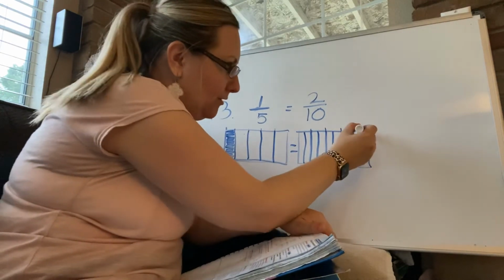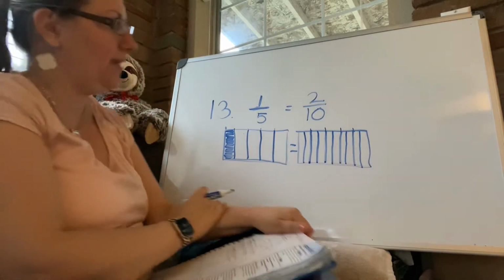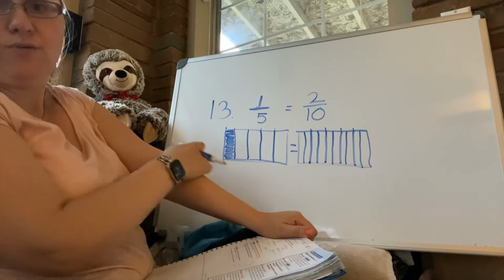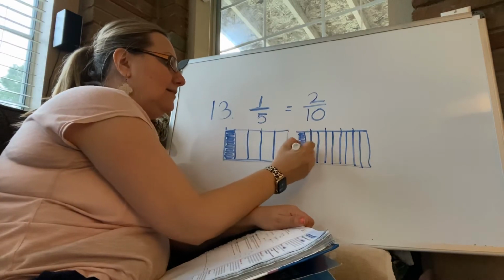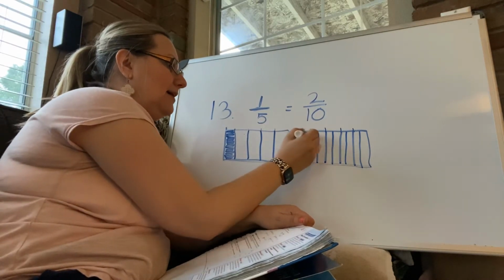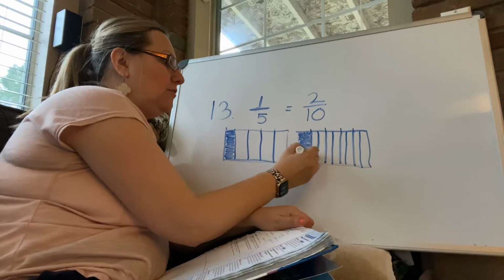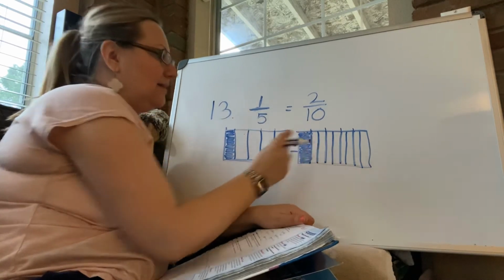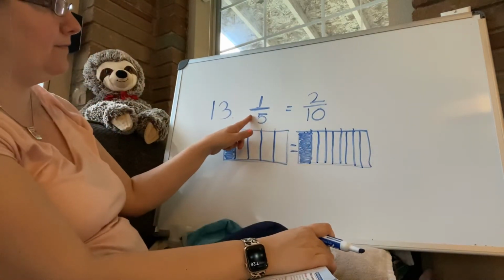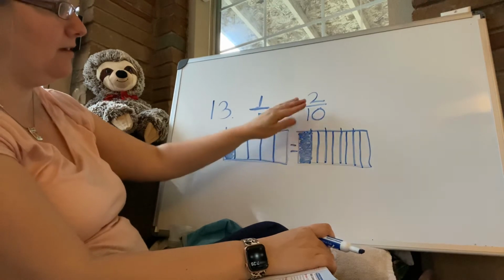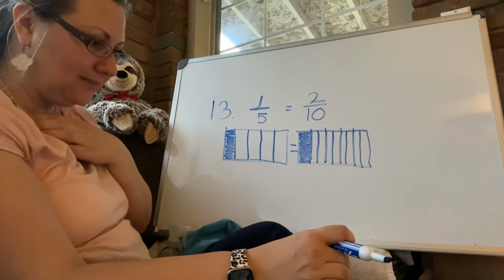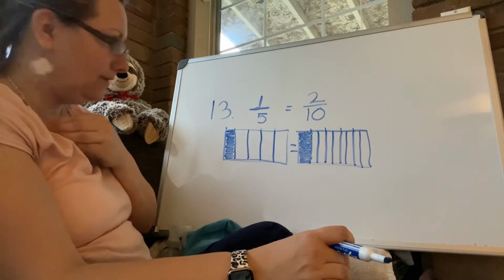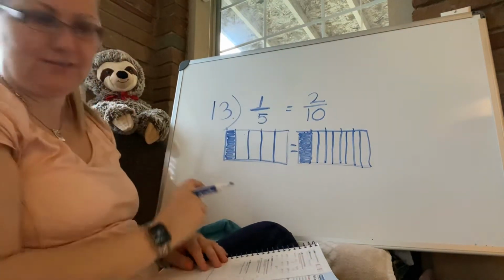I'm a little wobbly with my marker here, but doing okay. And now we are going to shade 2 of these. So 1 and 2. And do you notice that 1/5 and 2/10 cover the same amount of area? So they are equivalent. We can call them equal and be telling the truth.